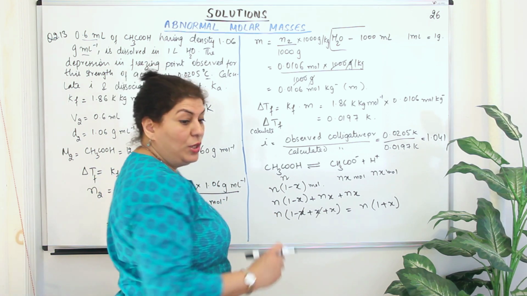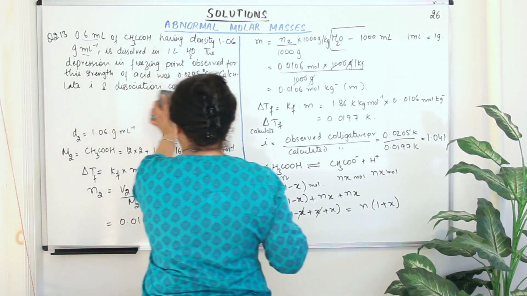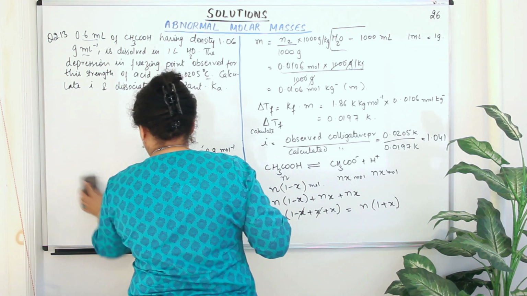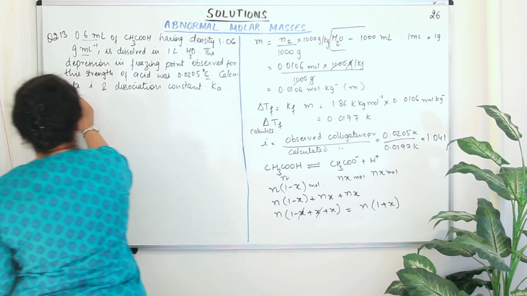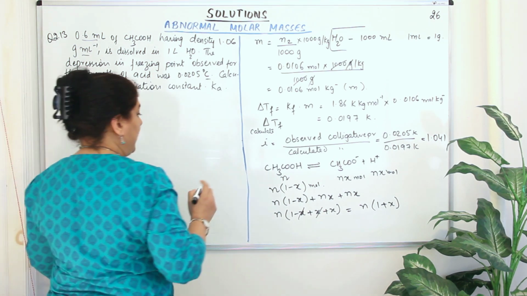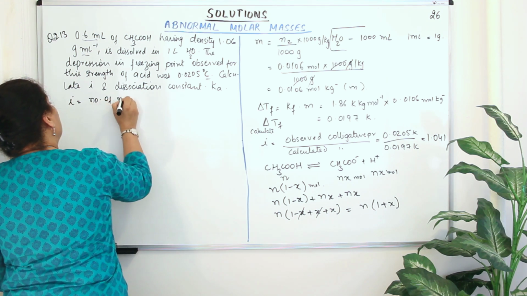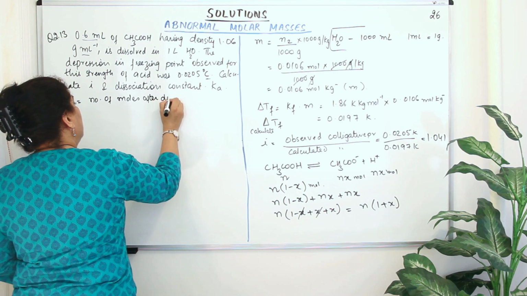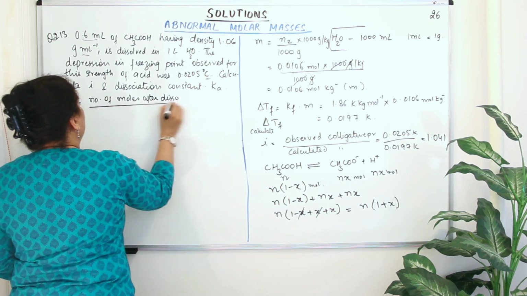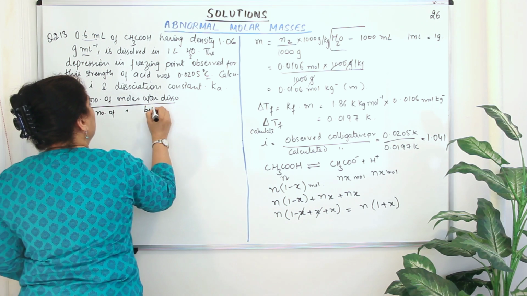So the van't Hoff factor i can also be written as the number of moles after dissociation upon the number of moles before dissociation.